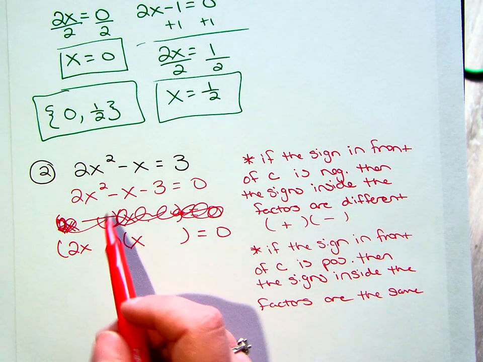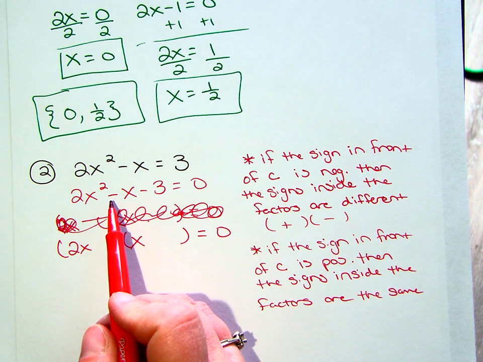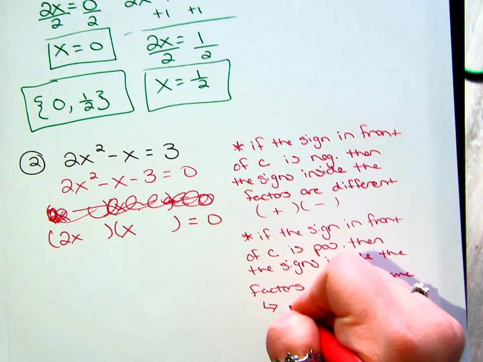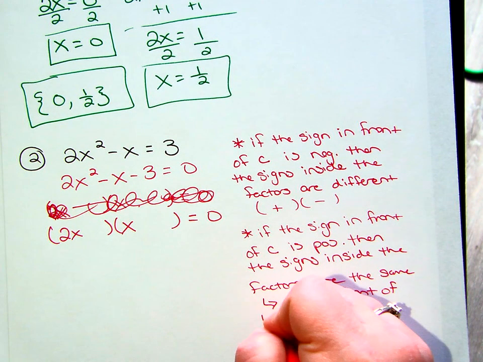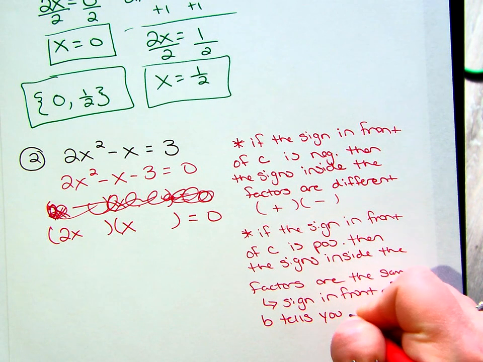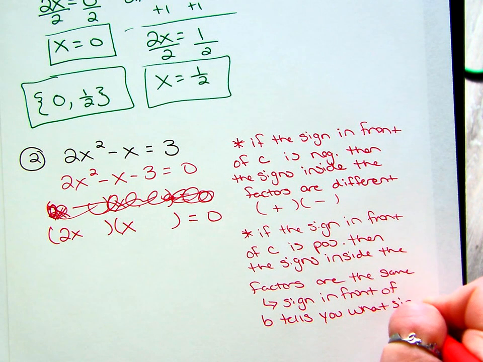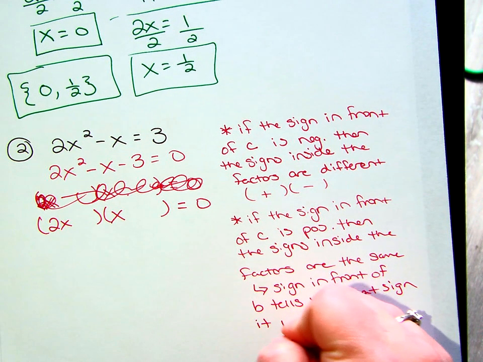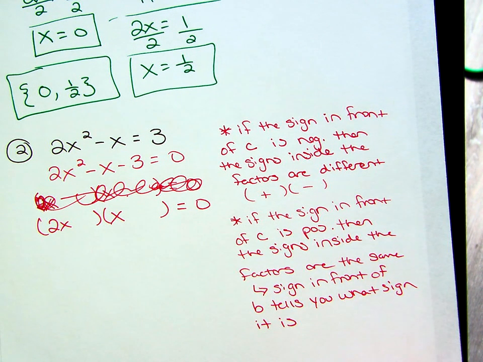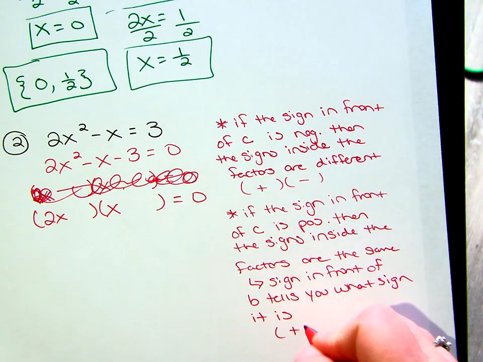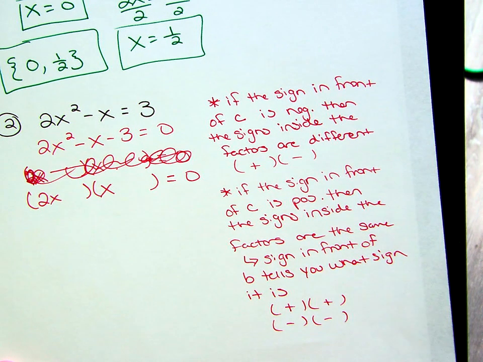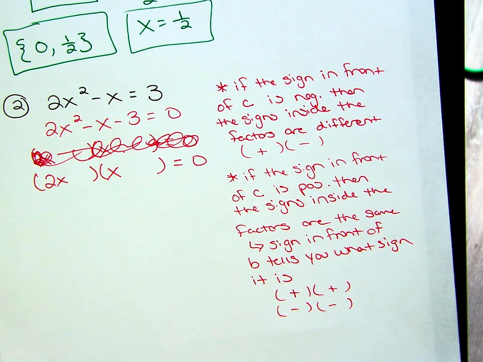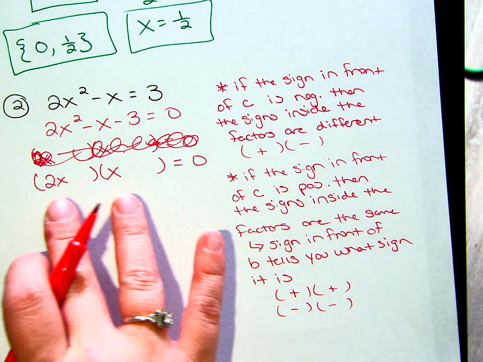You look at the sign in front of B. So if the sign in front of B was positive, then you would have positive, positive. If the sign in front of B was negative, you would have negative, negative. So that's kind of a helpful little cheat to figure out what kind of signs go inside of our factors.